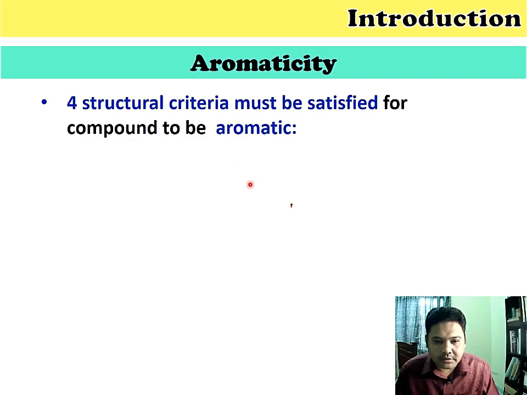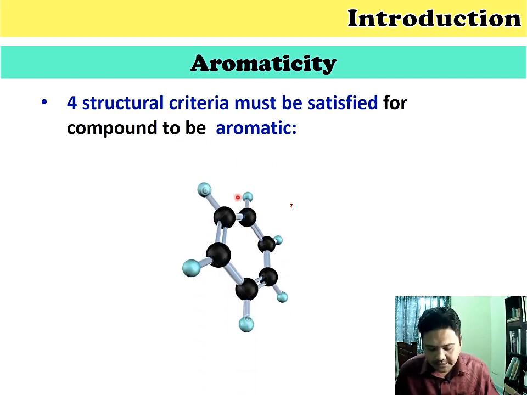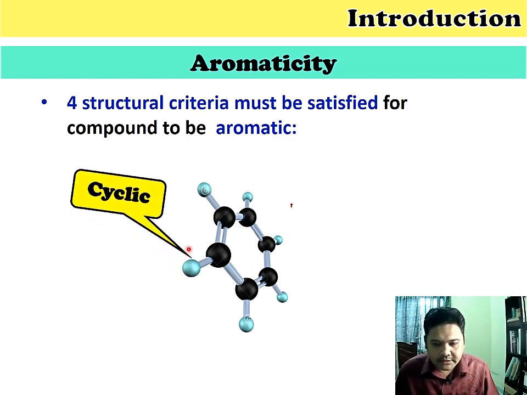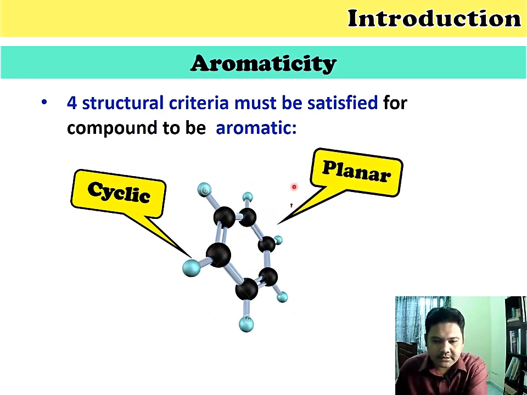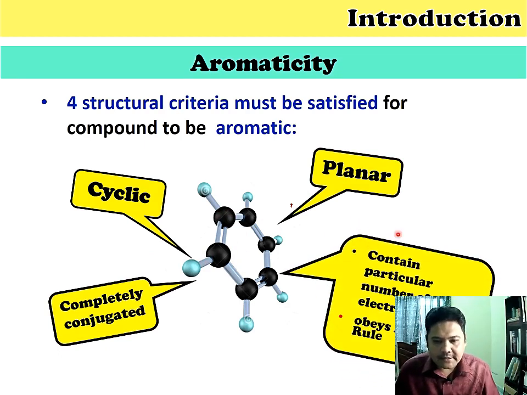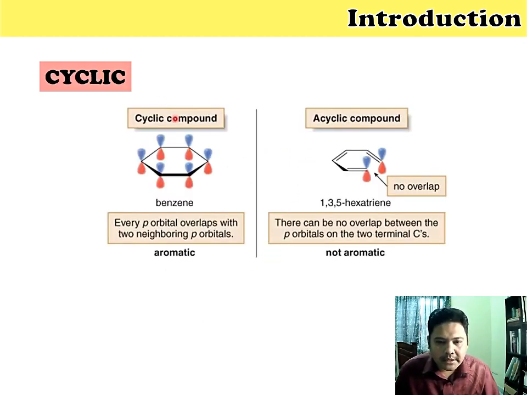If the structure fulfills all these criteria, we can call it an aromatic compound, either an aromatic hydrocarbon or another organic aromatic. The first is cyclic. The structure must be cyclic, planar, completely conjugated, and the last is that it obeys Huckel's rule. So I will discuss all four criteria for aromaticity.